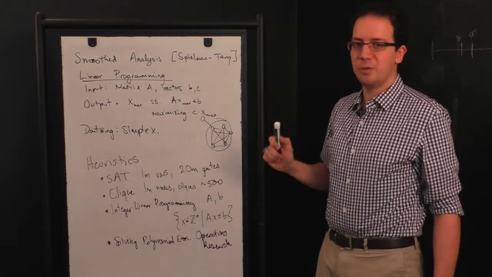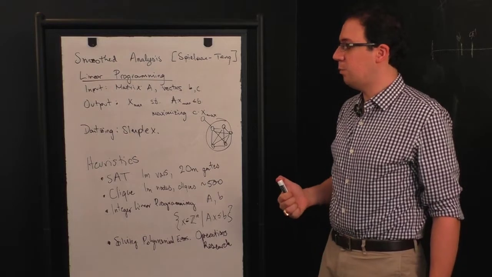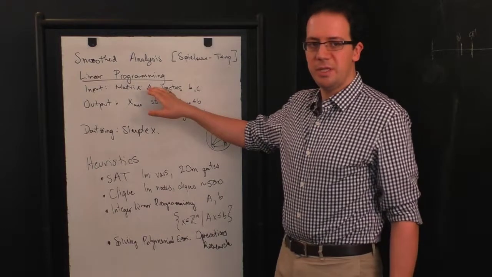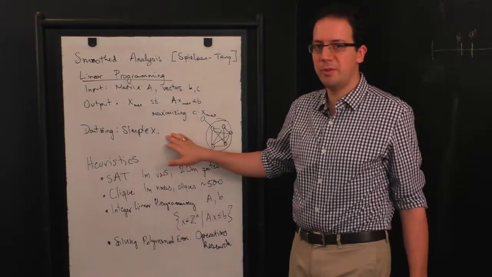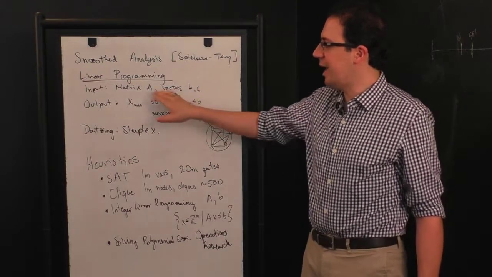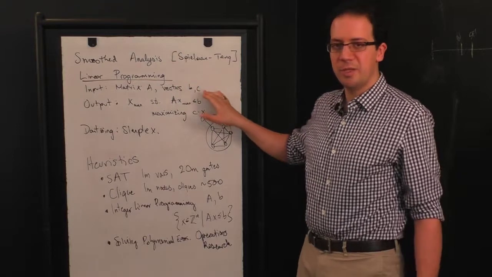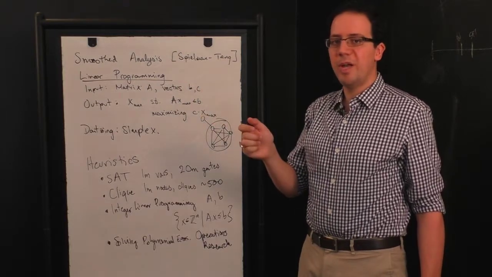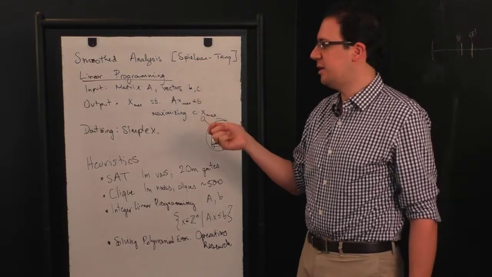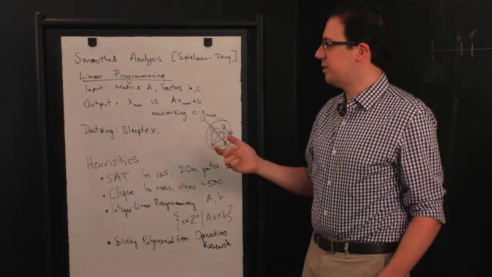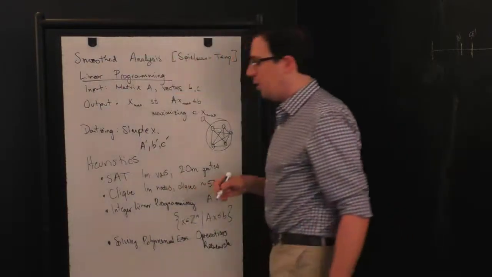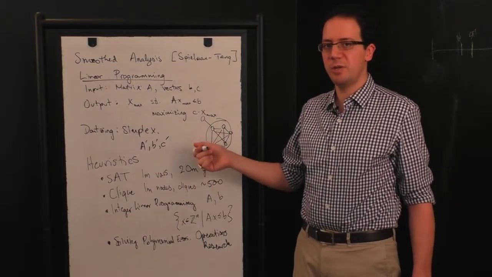And Spielman and Teng sort of gave us the theoretical understanding for why. And the answer is, while there are matrices A and vectors B and C where the simplex algorithm takes exponential time, what Spielman and Teng proved is that for any matrix A and vectors B and C, if you perturb them by an arbitrarily small amount, so you perturb each coordinate by some very small amount epsilon, you will get new vectors, say A prime, B prime, C prime, on which the simplex algorithm actually does run in polynomial time.